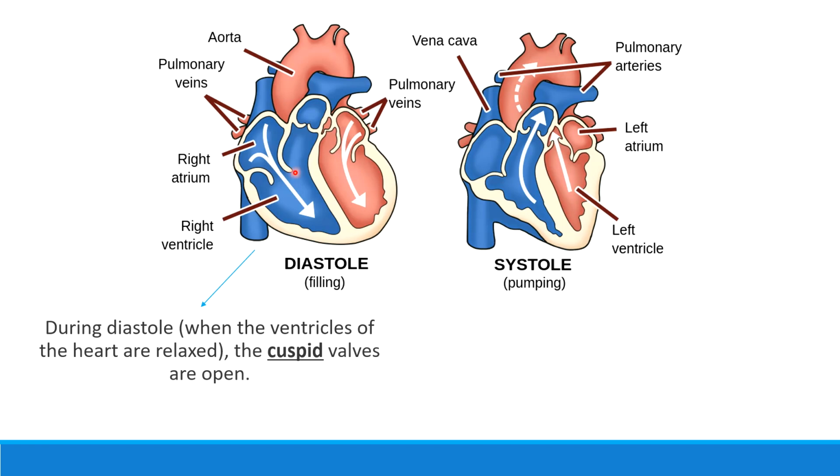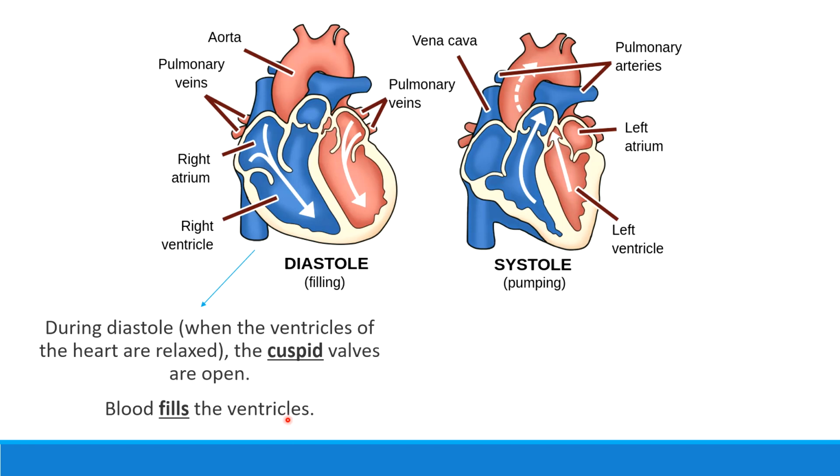When the ventricle is relaxed, the cuspid valves, tricuspid on the right, bicuspid on the left, are open. Blood is flowing down from the atrium into the ventricle. We need these cuspid valves to be open. So diastole, resting for the ventricles, is when the cuspid valves are open. This allows the ventricles to fill.